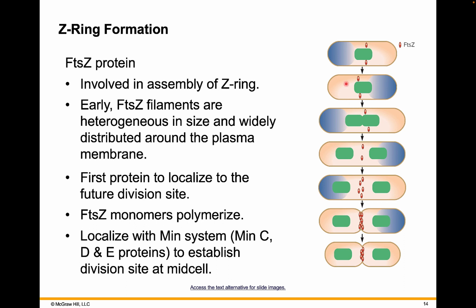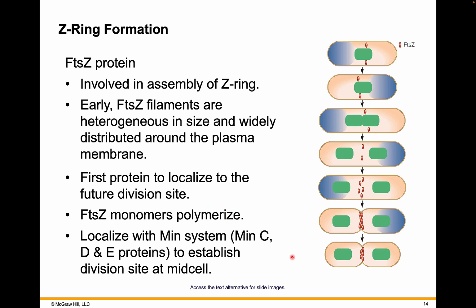So the FtsZ protein is involved in that process, and FtsZ filaments are heterogeneous in size and widely distributed around the plasma membrane. This is the first protein to localize at the future division site. And the FtsZ monomers essentially polymerize, which will form a Z ring.